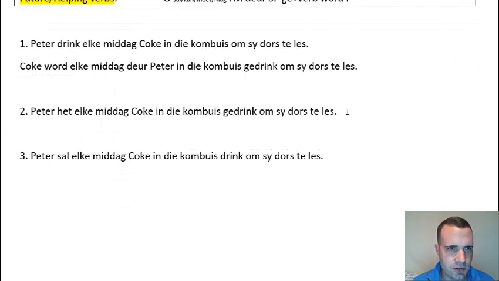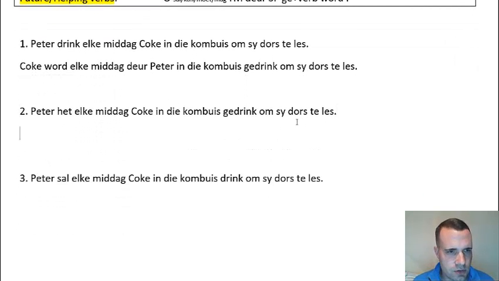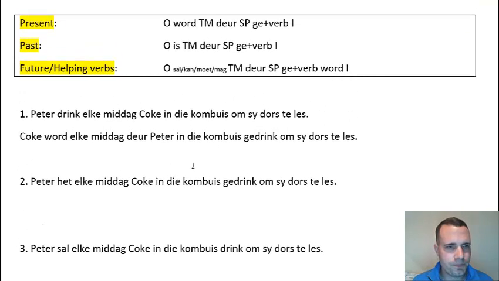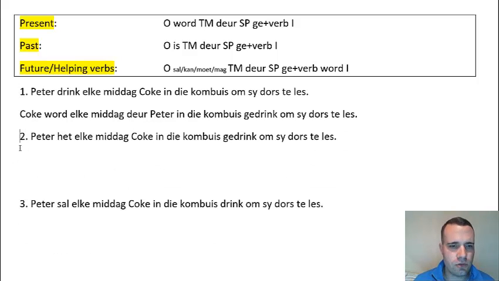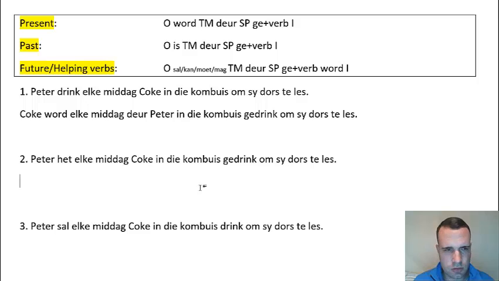Let's just do the same sentence, but in the past tense. Okay, so here we use the past tense formula. Coke is. Now you use is deur.